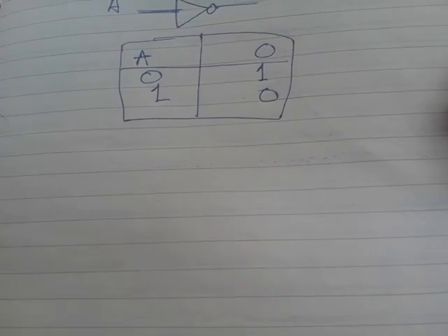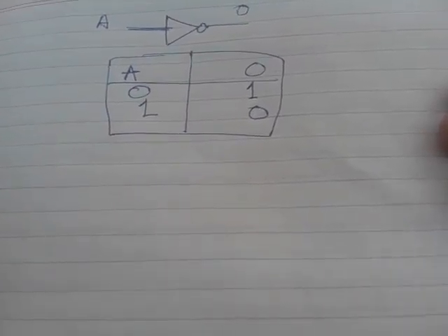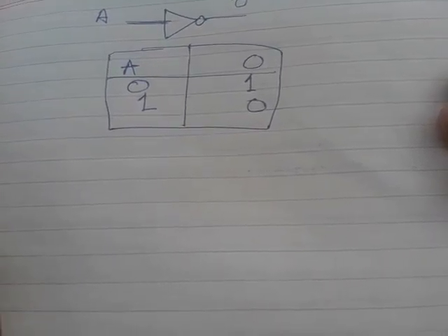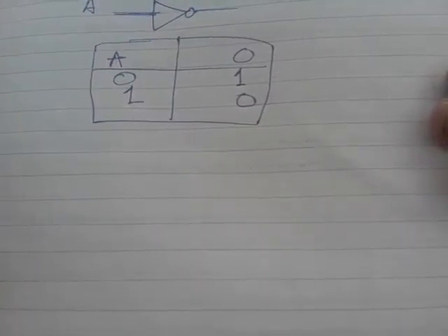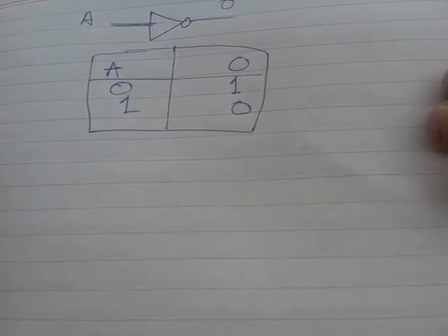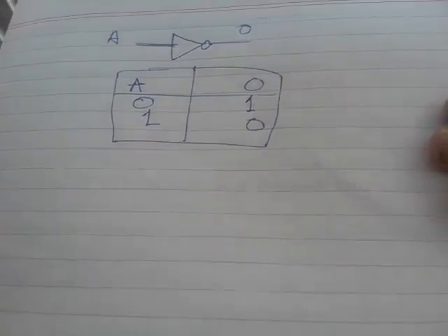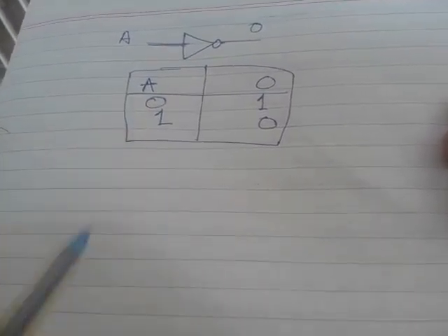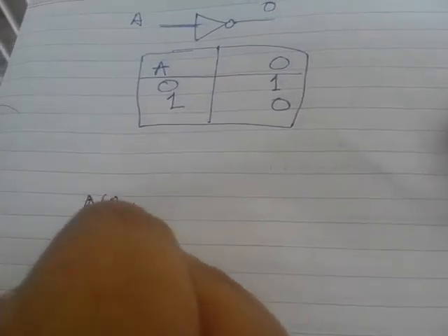Well, these 3 gates, the AND, OR and NOT gates, are the basic gates. Next we are going to discuss 2 more gates, that's the NAND gate and the NOR gate.